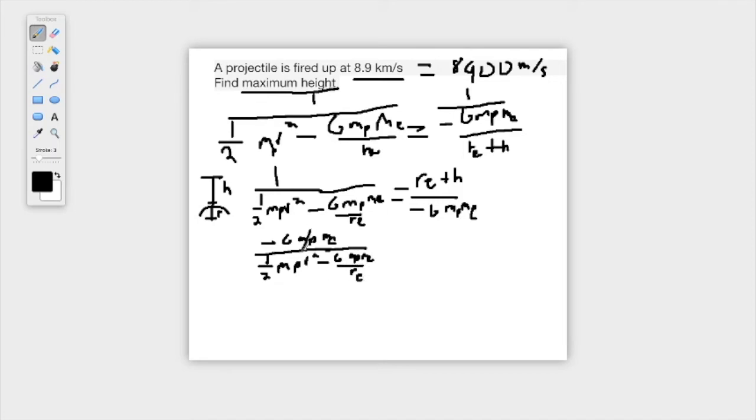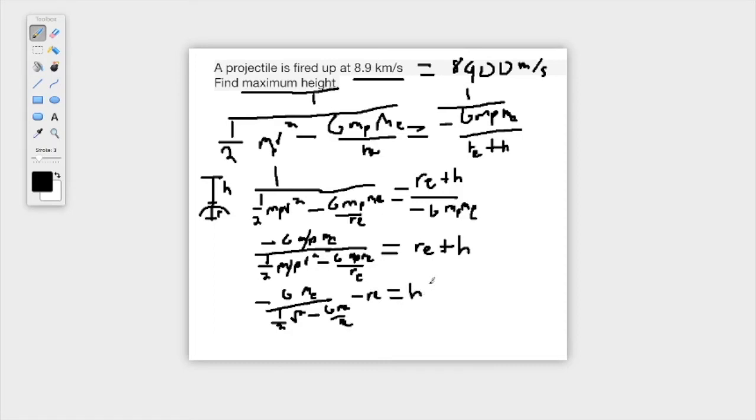So all these masses cancel out, and then we're just left with RE plus H. So what I'm going to do is subtract the radius of the Earth from both sides, so we get negative G ME over 1/2 V squared minus G ME over RE, minus RE equals the height.